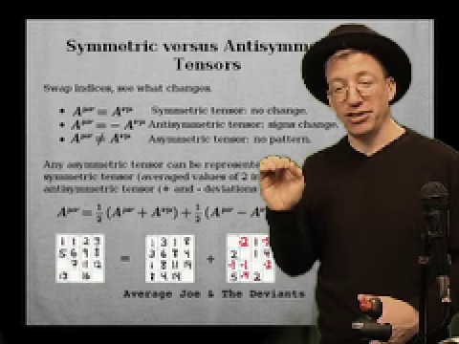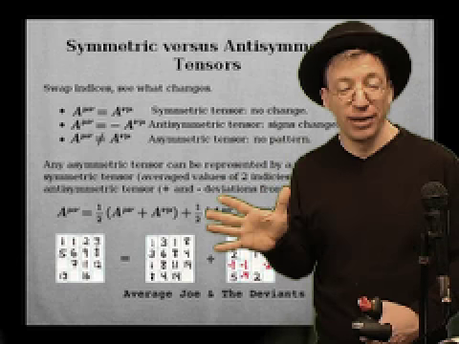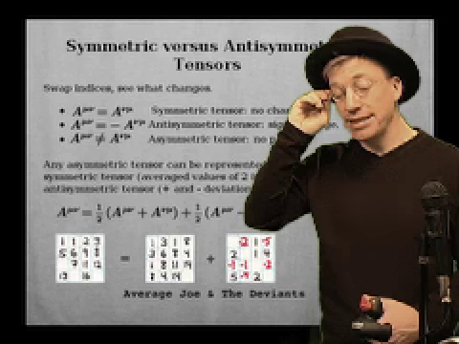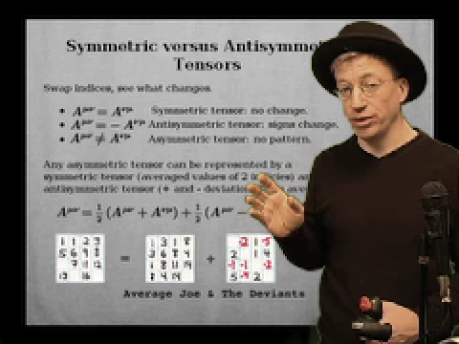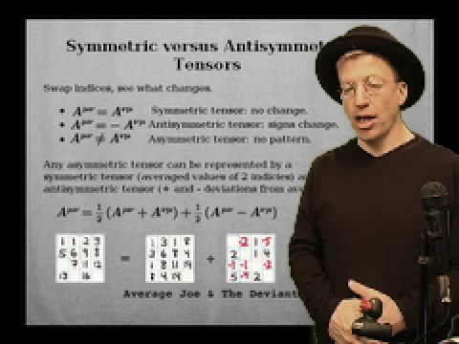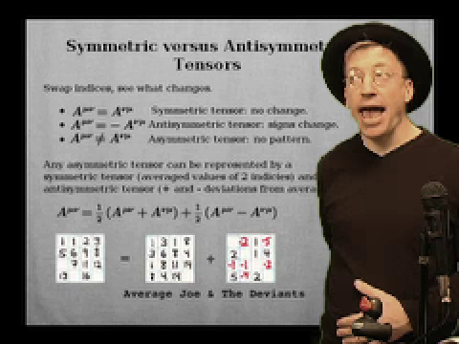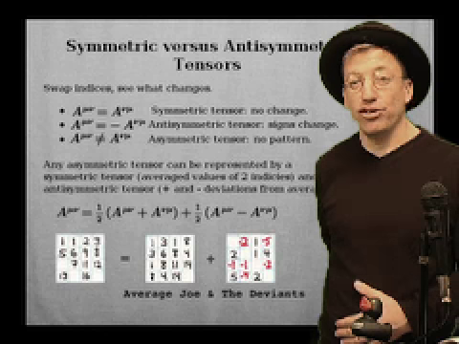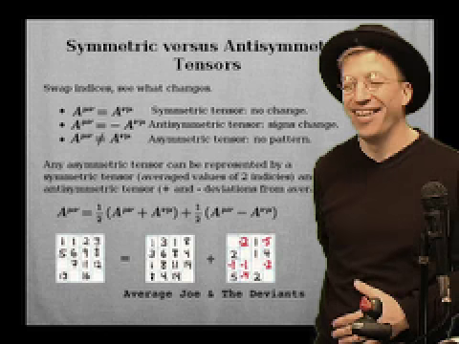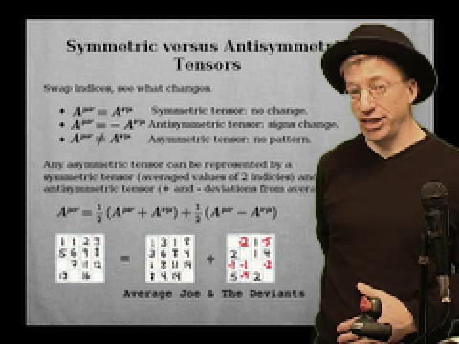But the deep lesson to know is that every asymmetric tensor can be represented as the sum of a symmetric tensor and an antisymmetric tensor. So I show over on the side there an asymmetric tensor. There's no pattern there. And then in the middle is a symmetric tensor.